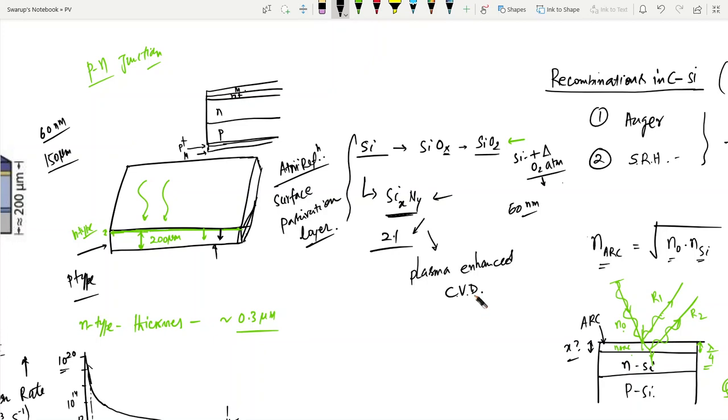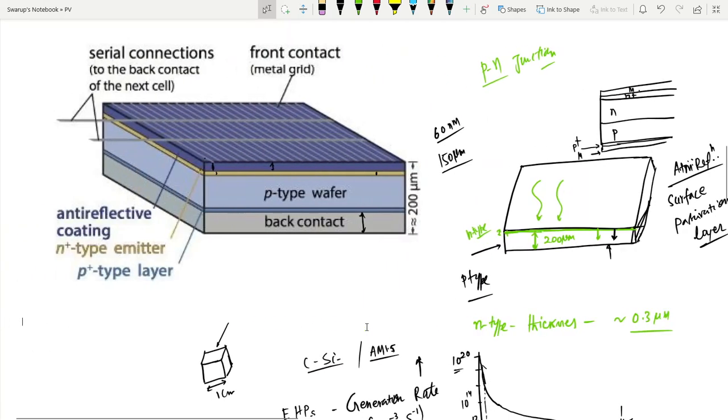Okay, so we have the ARC now, and then what else? Now coming to the top contact, this metal contact on the top. We discussed that earlier, so we'll just very quickly brush through again.